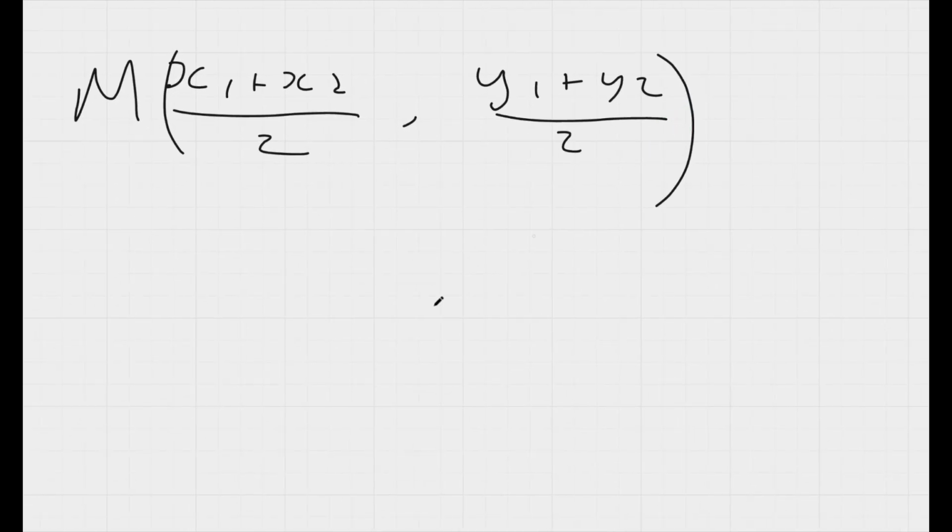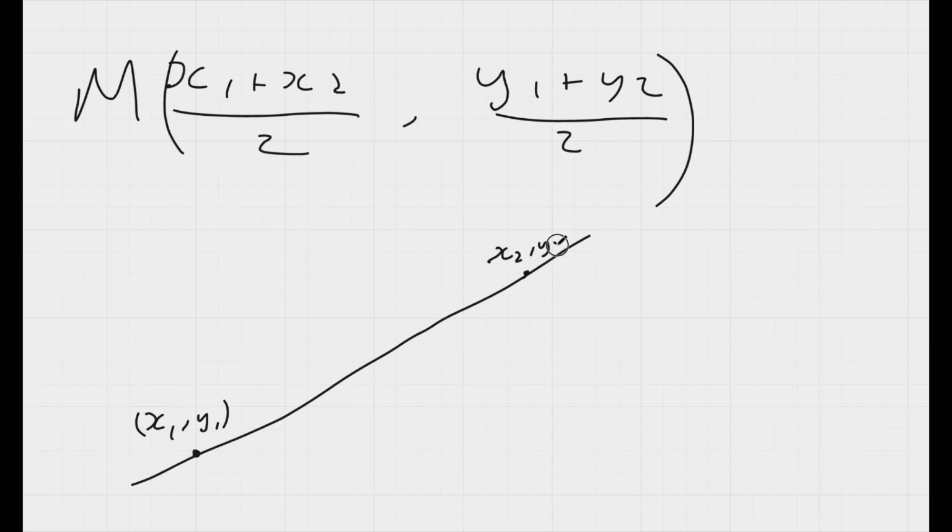For example, if it was like this, with x1, y1 and x2, y2, right here would be the coordinate (x1 plus x2) divided by 2, (y1 plus y2) divided by 2.